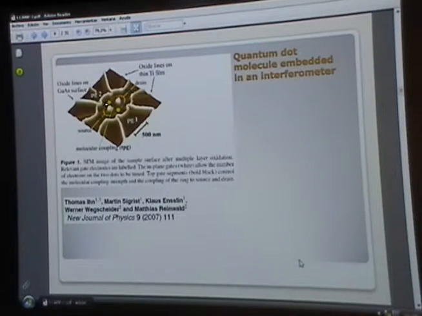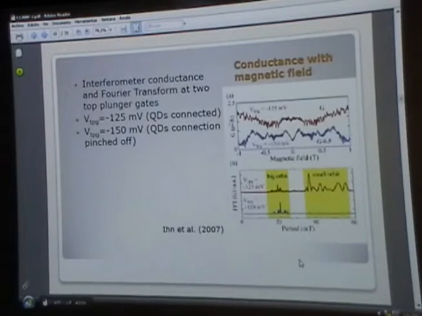We call this a quantum dot molecule because it mimics the diatomic molecule formed by these two artificial atoms. So we say that this artificial molecule is embedded in the interferometer. Perpendicularly to the interface, there is a magnetic field, so you can test the Aharonov-Bohm effect in this nanoscale device.